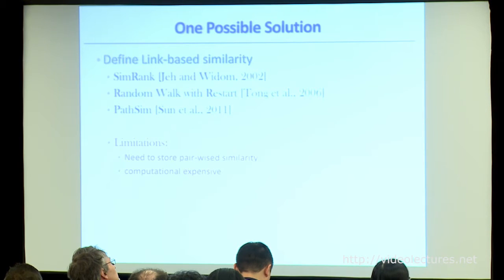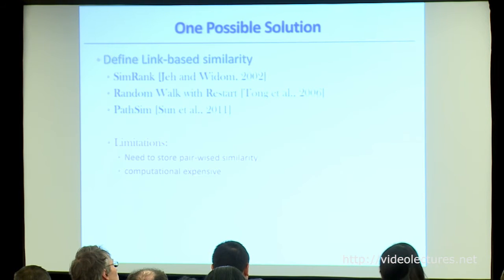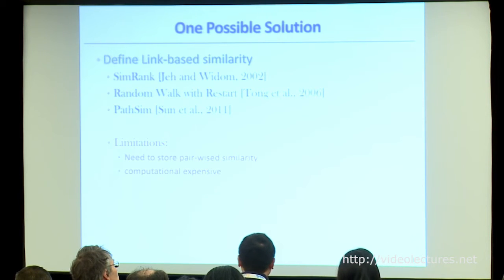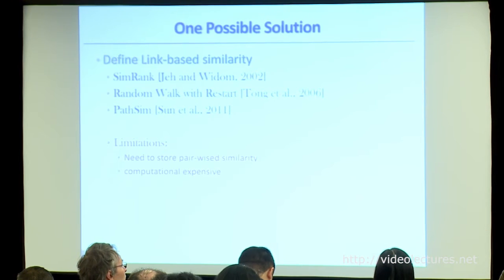Another very interesting work is random walk with restart, right? According to the random walk, we determine whether the two nodes are similar to each other or not. And we have our work, PathSim, when facing heterogeneous information networks, where we define the node similarity according to meta path, right?